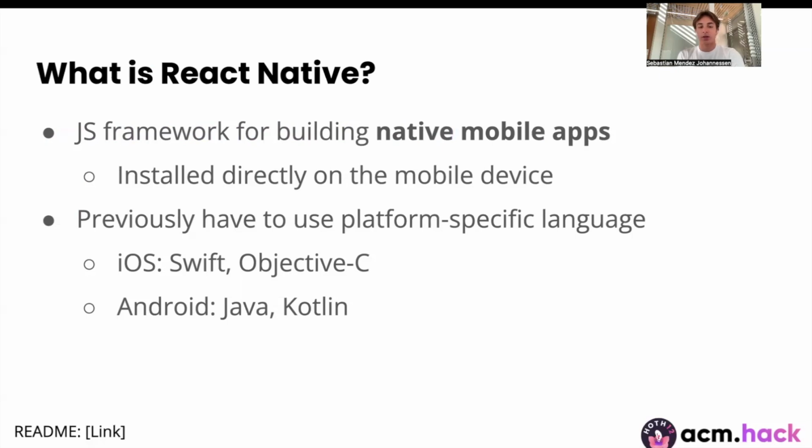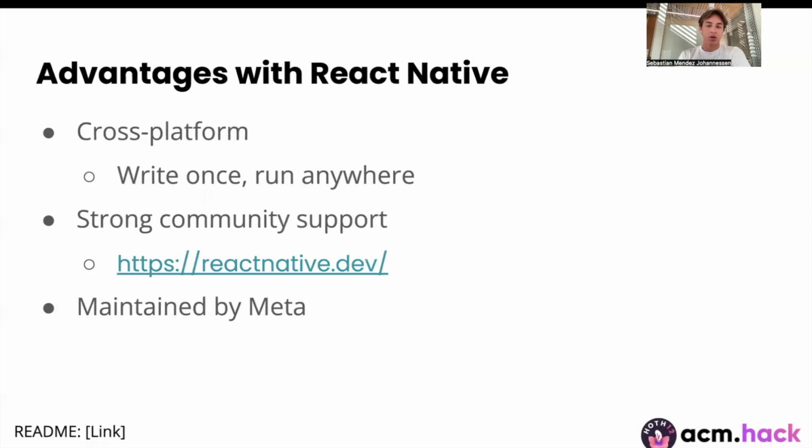And previously, you would have to use a platform-specific language to build a native mobile app. So for iOS, that would be Swift or Objective-C. Well, for Android, that would have been Java or Kotlin, which leads me on to the advantages of React Native.